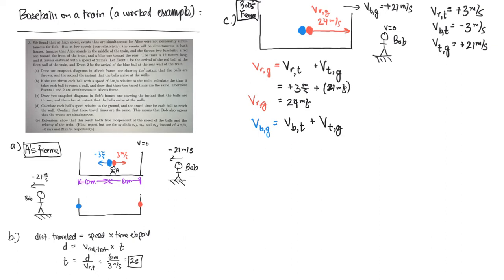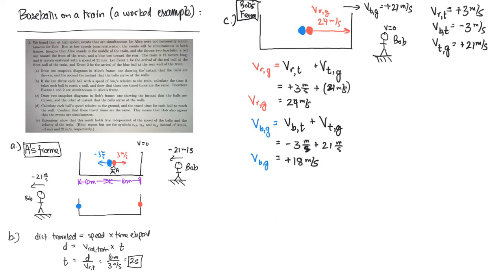But again, we know both of those. VBT now is minus 3, and VTG is still 21. So we have minus 3 meters per second plus 21 meters per second is 18 meters per second. But it's not negative 18, it's positive 18 meters per second.